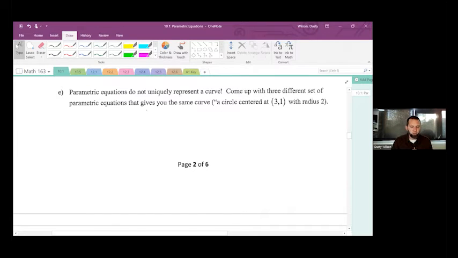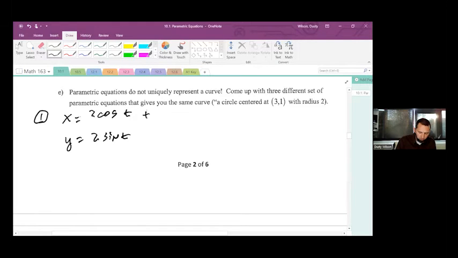So there's a couple ways we could approach this. So one is we could adjust the parameter. So we could have x equals 2 cosine t plus 3, y equals 2 sine t plus 1 on 0 less than or equal to t less than or equal to 2 pi.